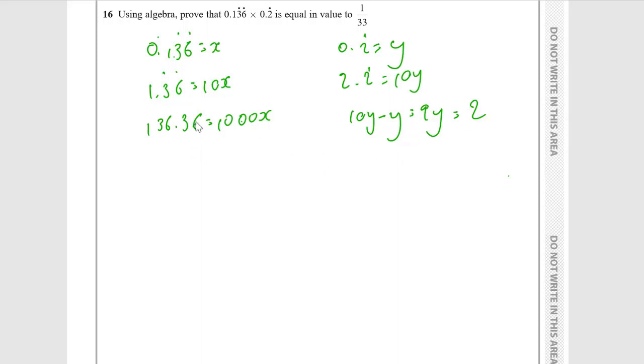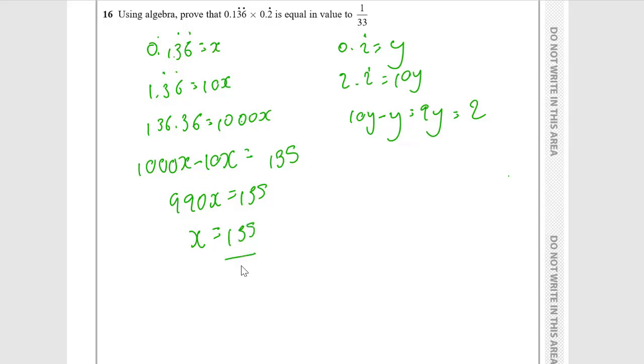And then the same thing, so if we subtract 10x from 1000x, that will give us 135. So 990x equals 135. So x equals 135 over 990. And y equals 2 over 9.